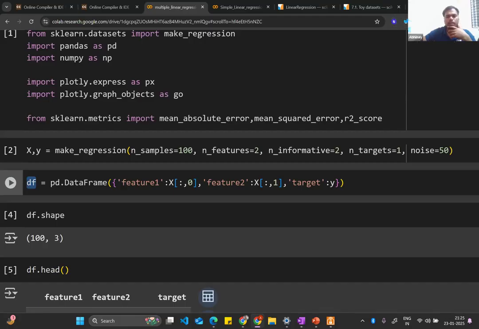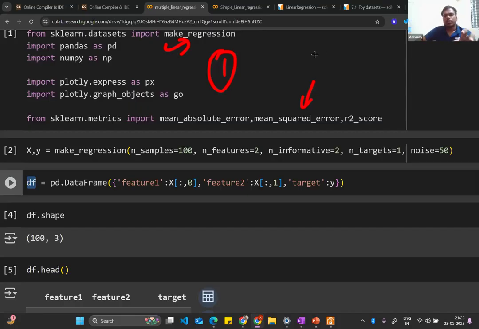Exactly. See, in machine learning, you also have one more feature: you can make your dataset also.